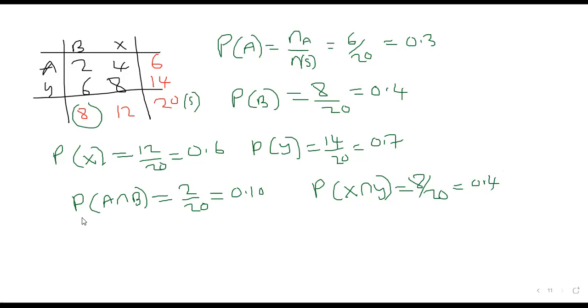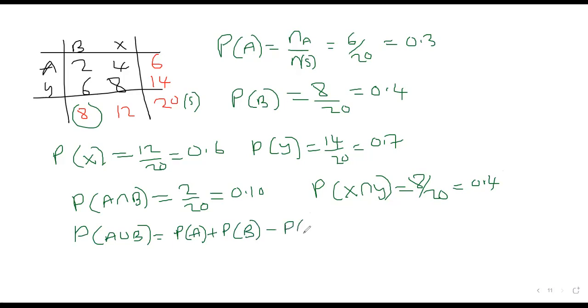Now, who remembers the formula for the union set of A union B? The probability of A plus the probability of B minus the intersection. Good. So what is the probability of A?